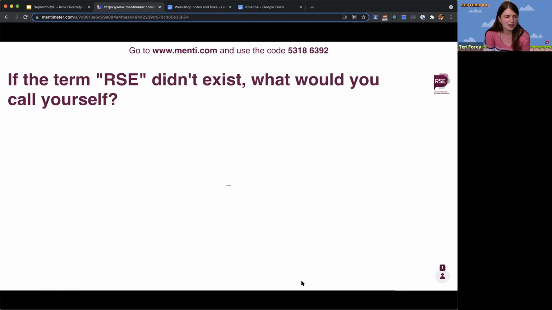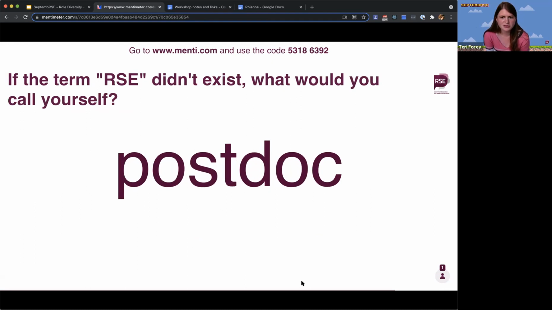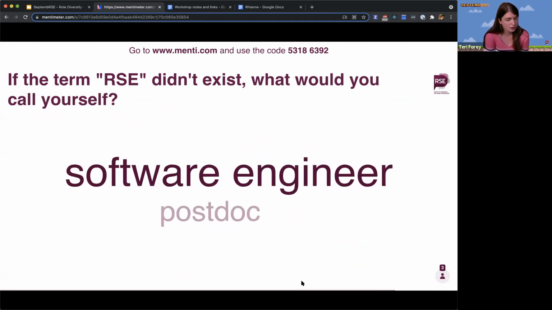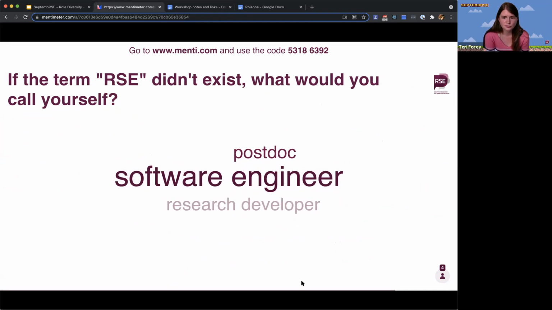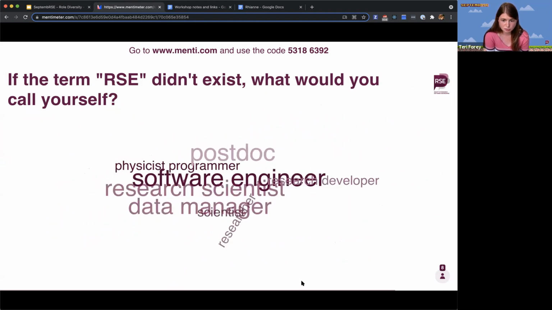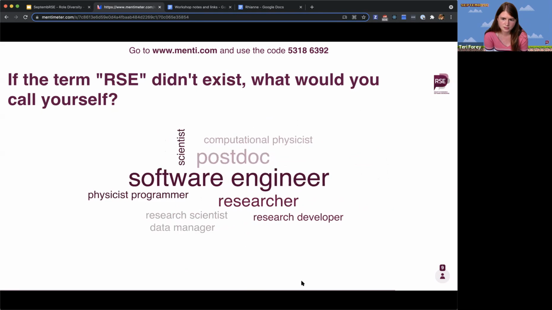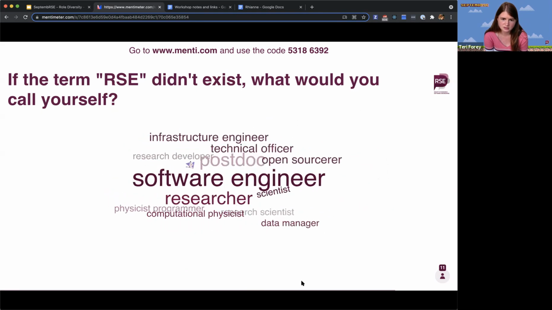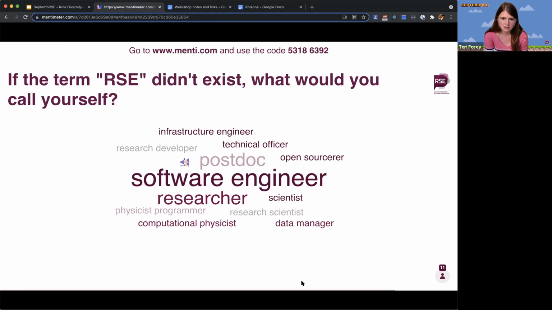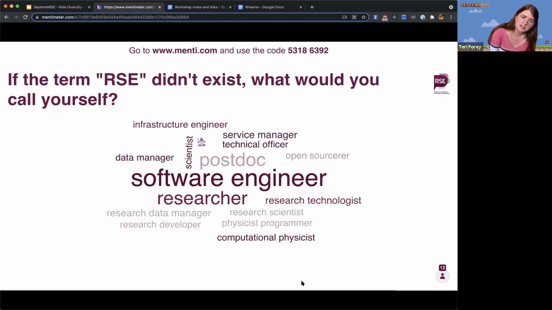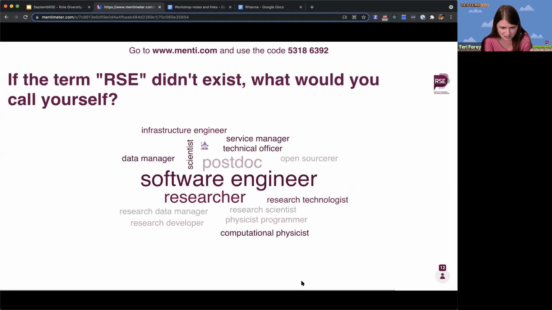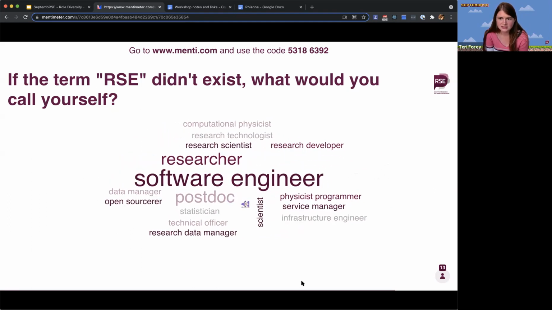So if you couldn't call yourself an RSE: postdoc, software engineer, research developer, physicist programmer, scientist, researcher, data manager, computational physicist, infrastructure engineer. Is that a wizard emoji? Fantastic. Research data manager, research scientist.